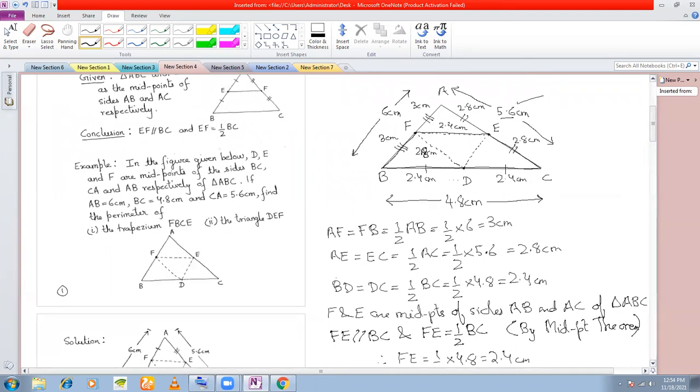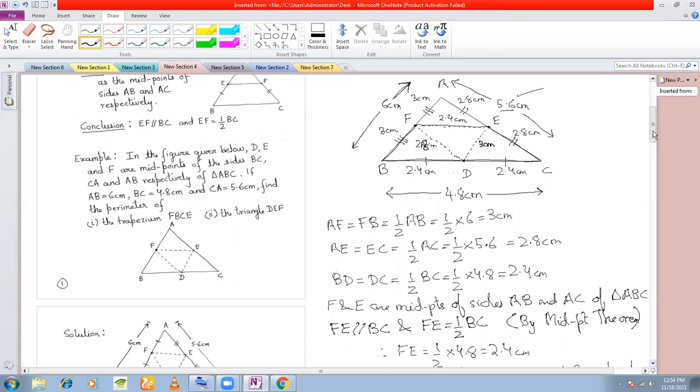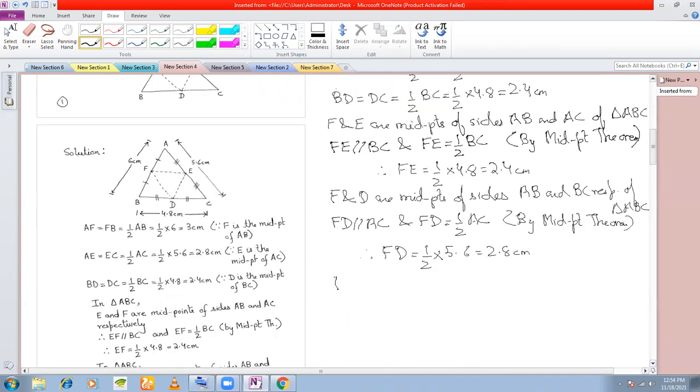Now, D and E are midpoints of the sides BC and AC. Therefore, DE must be parallel to AB, and DE must be half of AB. If the length of AB is 6 centimeters, this must be 3 centimeters, right? So we write this down. D and E are midpoints of BC and AC respectively of triangle ABC.